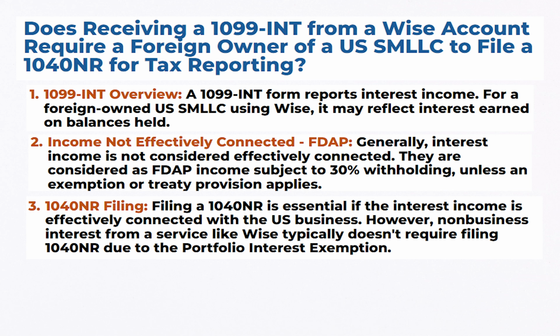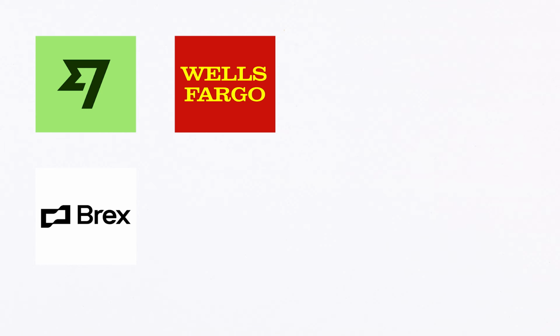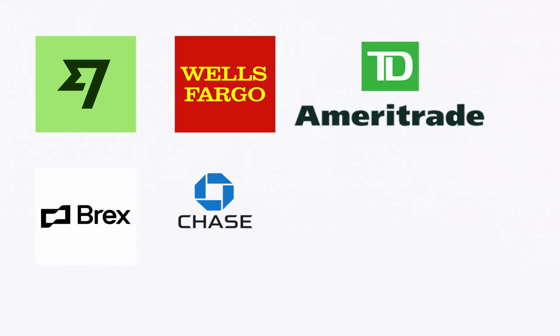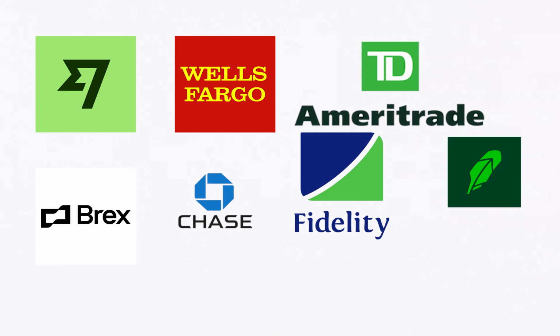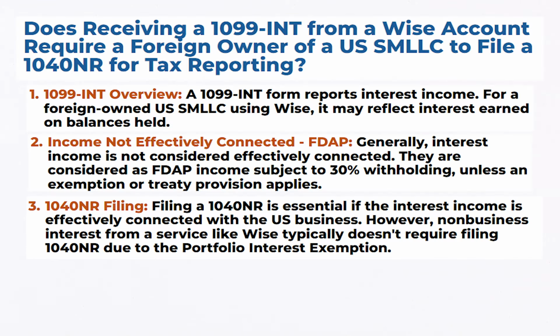So if you're a foreign person and you got a 1099 INT from banks like Wise or Wells Fargo or Chase, or even brokerage accounts like TD Ameritrade, Fidelity, Robinhood, and it's reporting interest to you as a foreign person, that interest is considered portfolio interest and it's subject to an exemption, to the extent that you pay zero taxes on it.